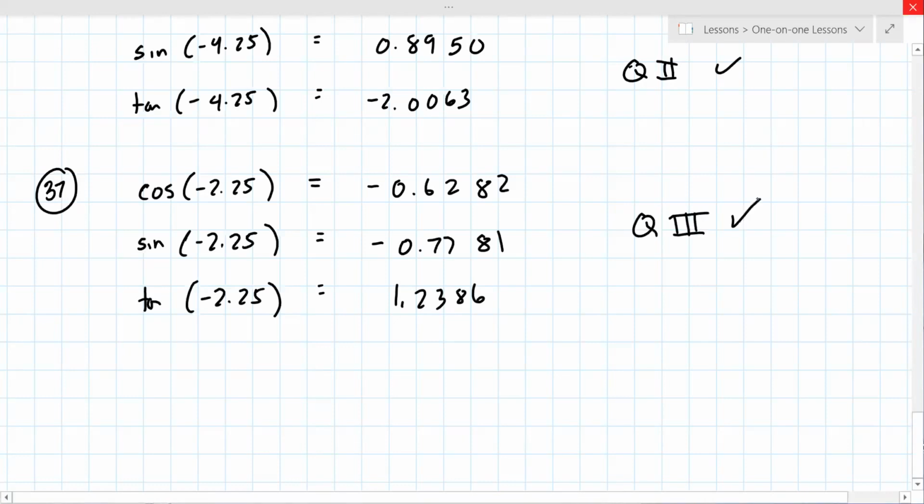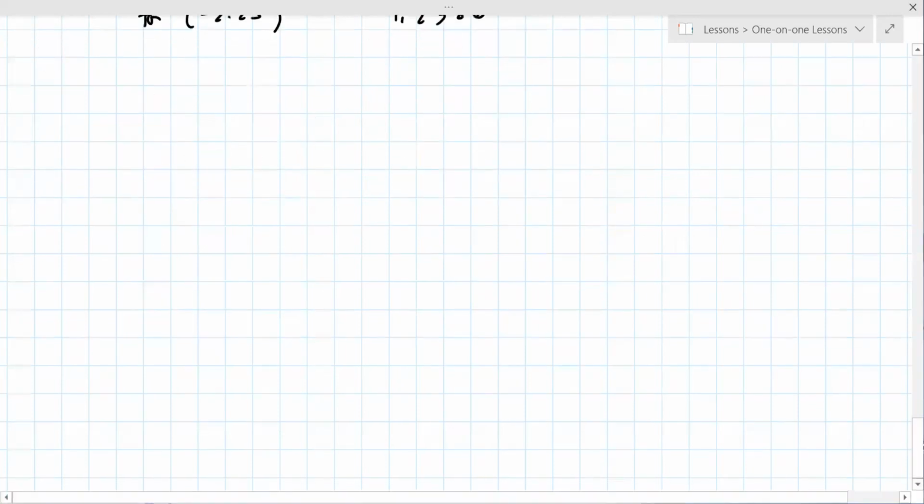Last one for this section is number 39. So we've got cosine of 5.5, sine of 5.5, tan of 5.5.